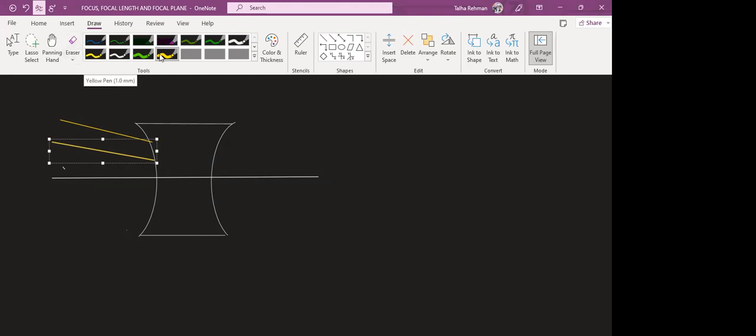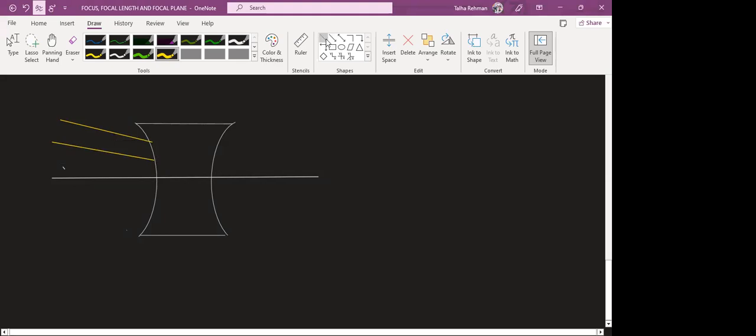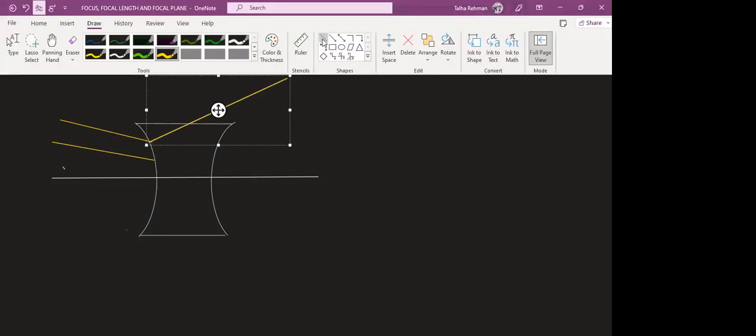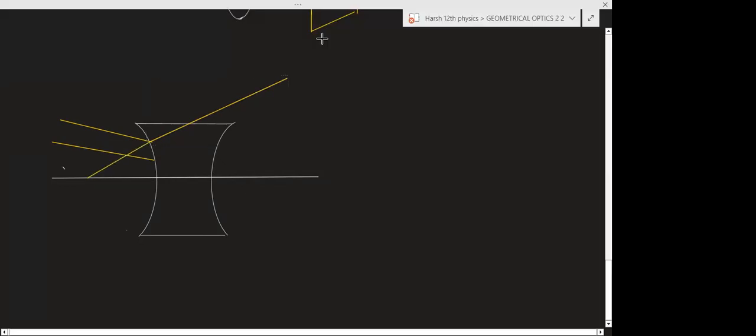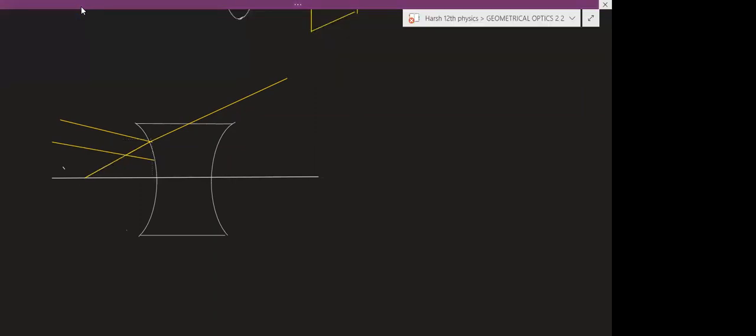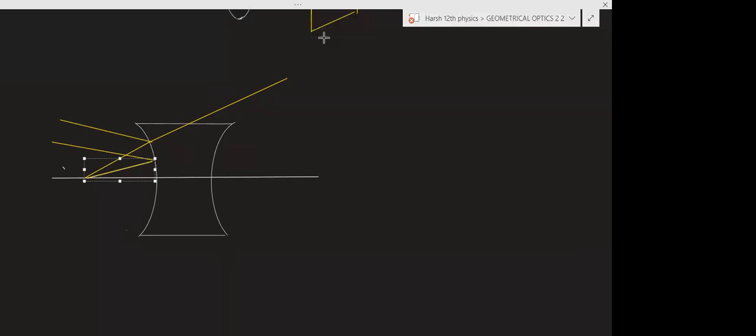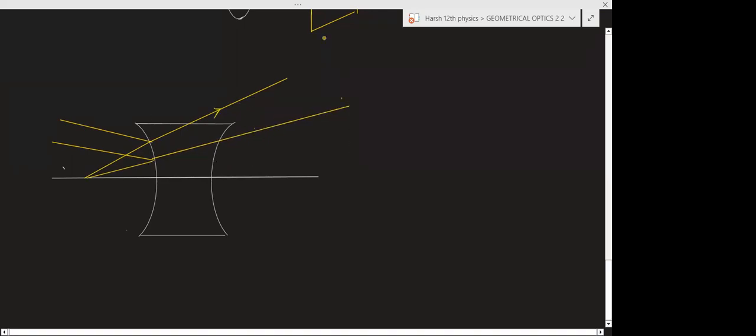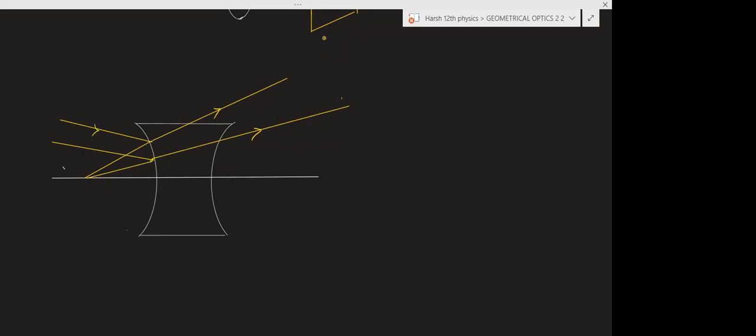So what will this lens do? This lens will diverge these parallel rays, and these rays will appear to meet at some point. So these rays are getting diverged. These are the incident rays.